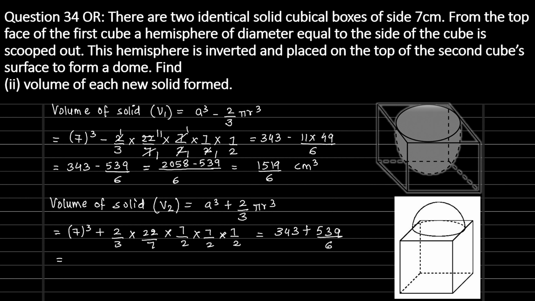Taking 6 as the LCM, we get 2058 plus 539 divided by 6, equal to 2597 divided by 6 centimeter cube. So this is the volume of each new solid formed after scooping out the hemisphere as well as after placing the inverted hemisphere on the top of the second cube. This is the solution of the second subpart of question number 34.